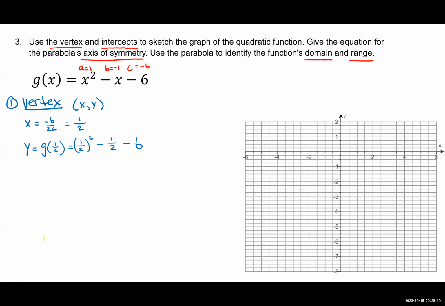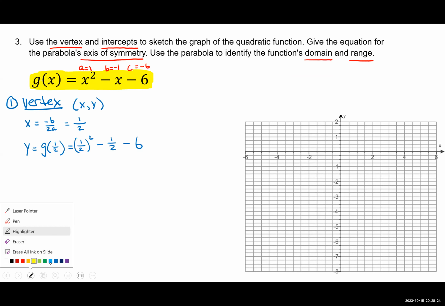Let me highlight this because we're always going back to this function. So for right now, I'm replacing the x's with the number 1/2. Okay, 1/2 times 1/2 is 1/4. 1 times 1 on top, 2 times 2 on the bottom, minus 1/2.